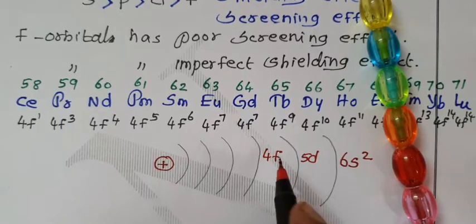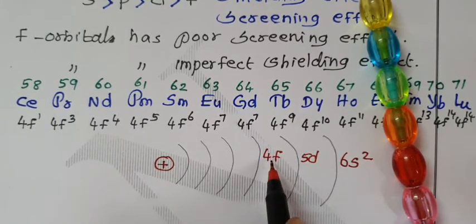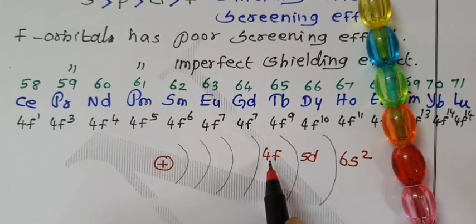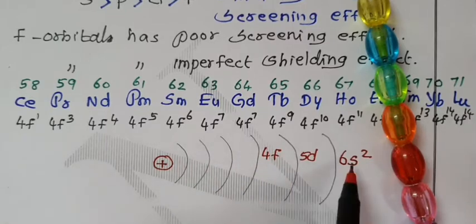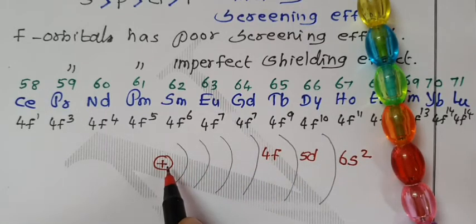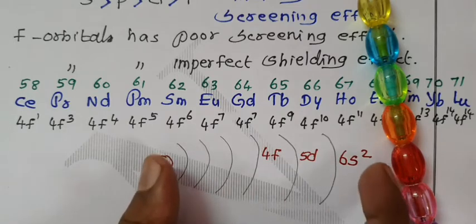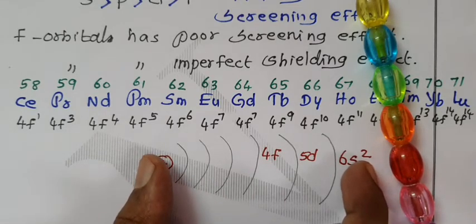Due to the imperfect shielding of the 4f orbital, the nucleus pulls the outermost valence electron towards itself.